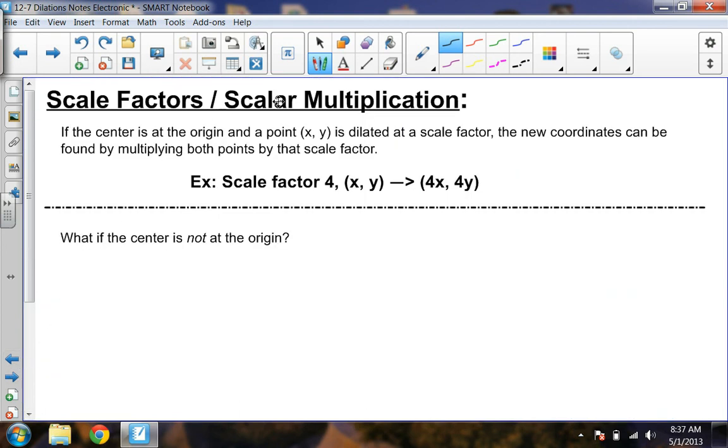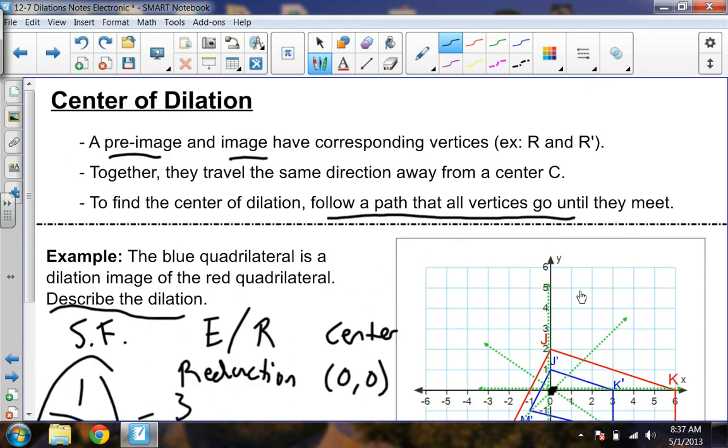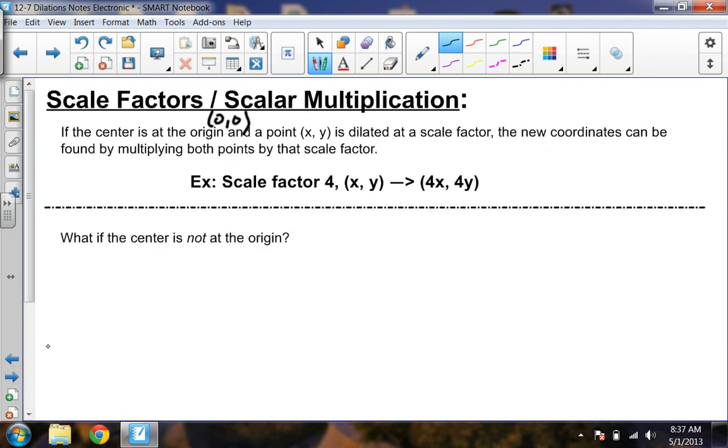Okay, more about scale factors and scalar multiplication. Working the other way. If we have the center and we know it's at the origin, which is 0, 0, and we have a point x, y that we need to dilate. So let's say right here our point is x, y, something like that. And we need to dilate it from here with a certain scale factor. They'll tell us what it is.